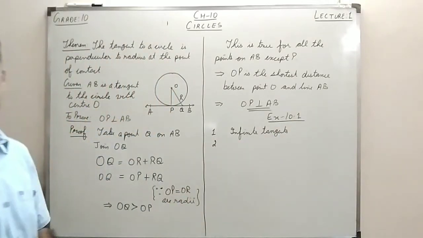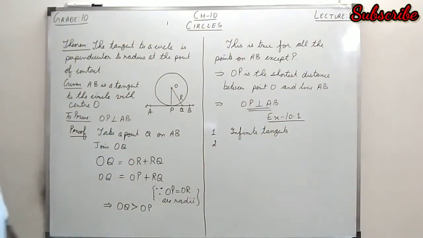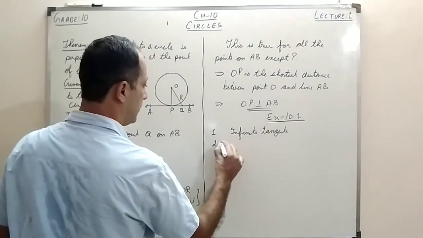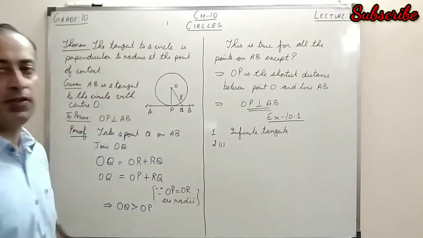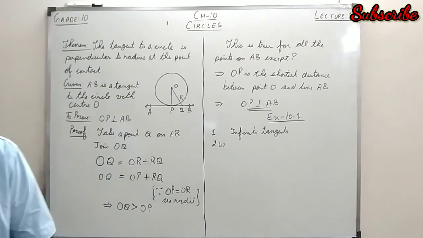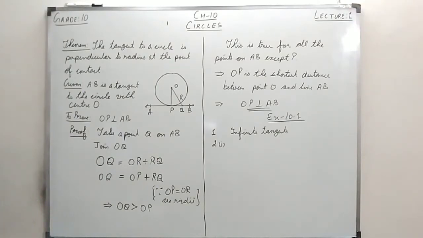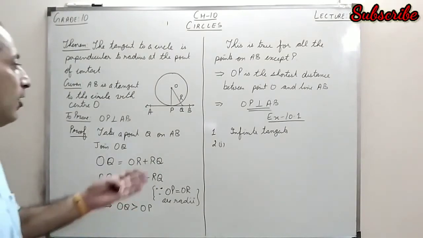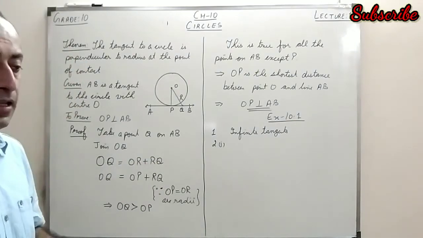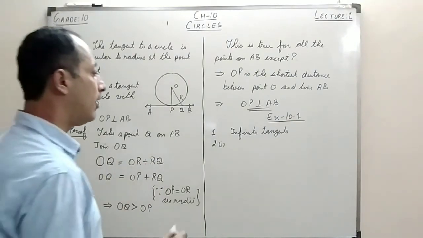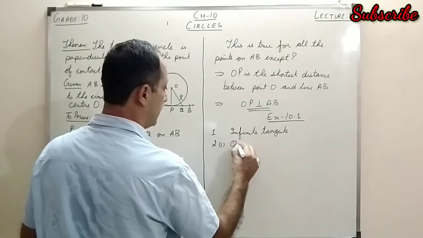Then we have some fill-ups to do. The second question, first part, says a tangent to a circle intersects it in dash points. A tangent intersects a circle at only 1 point. So we write 1.